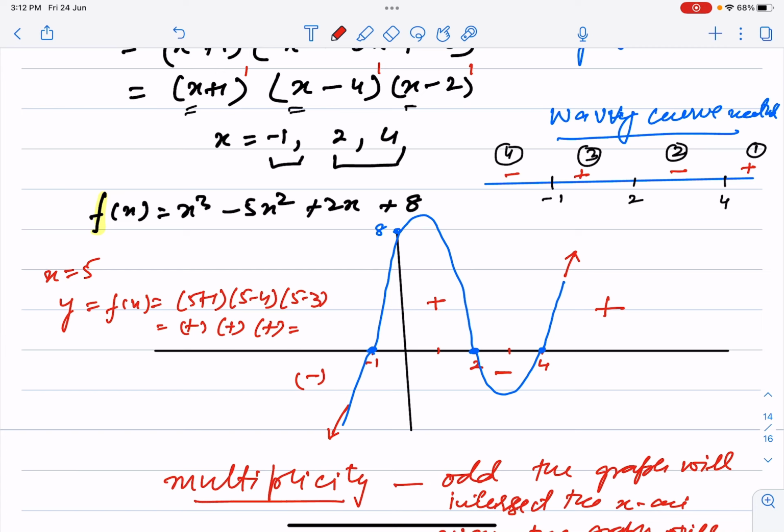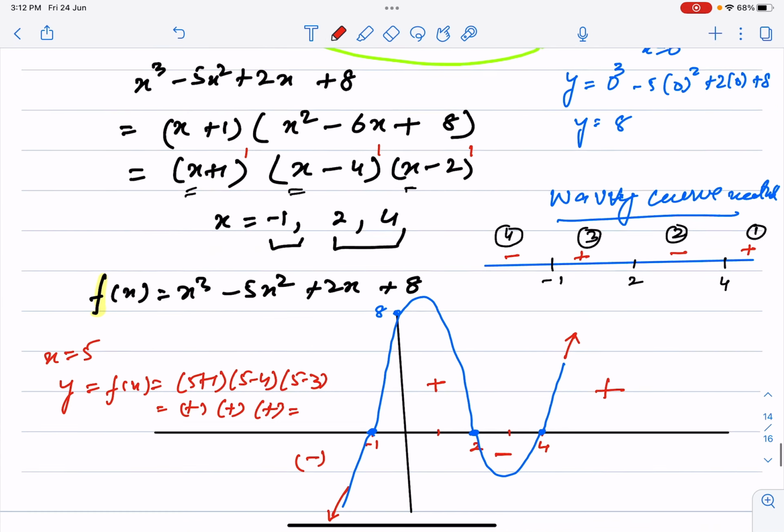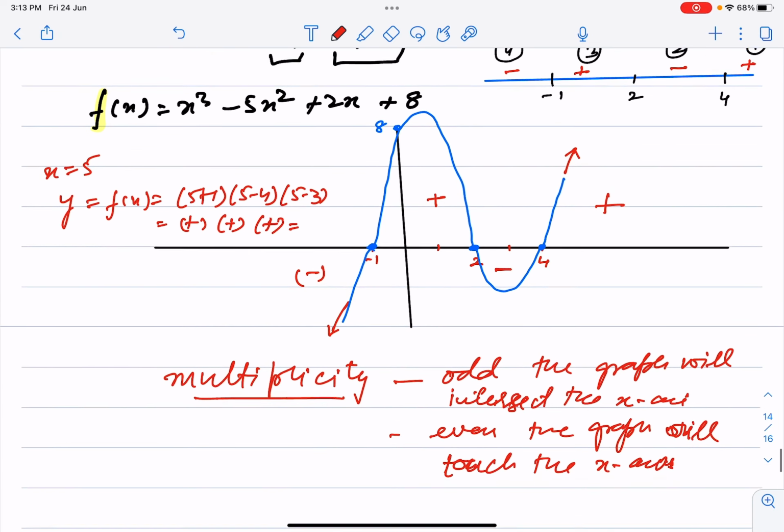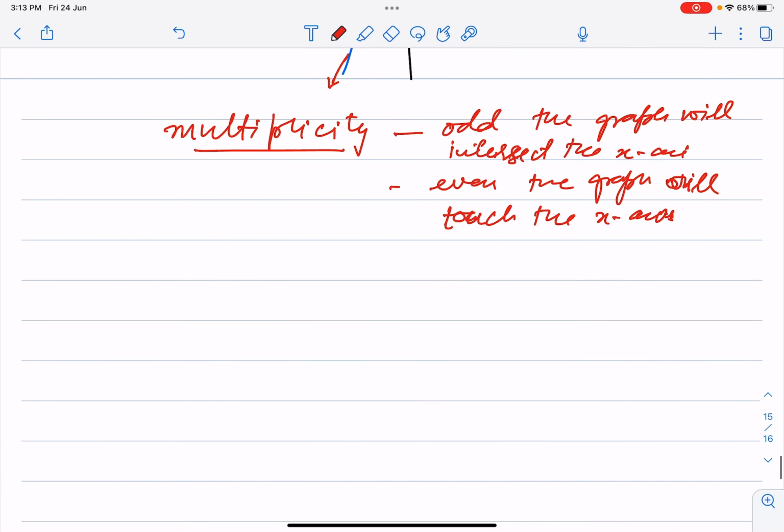I have given you one example and tried to explain these 3 basic rules: one is Descartes, another is the rational root theorem, and the third is synthetic division, which we can use to draw the graph. Now let's do one more example and then we will wind up this class.